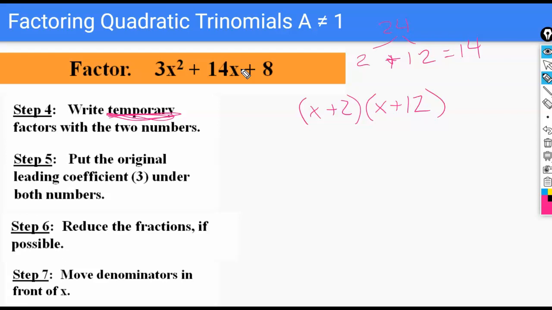And so we want to have a more efficient way that we can get to the correct factor. So once I know these two numbers, I just go ahead and write them as factors, but I want to go back and remember this number from up front. And so I'm just going to take that leading coefficient, and I'm going to divide those two numbers by it.